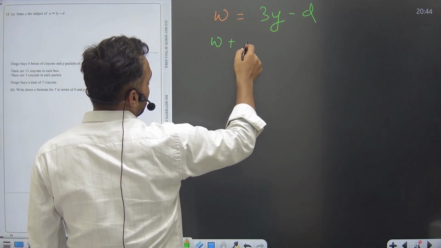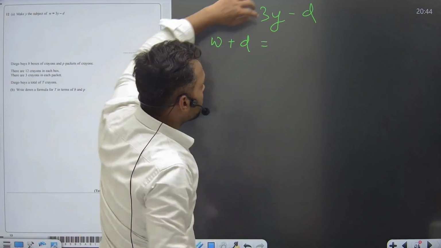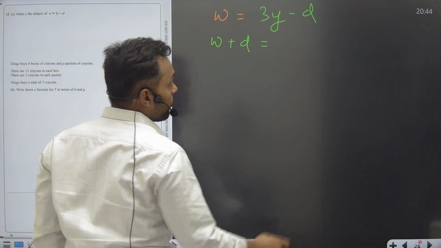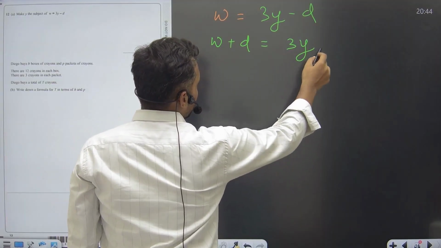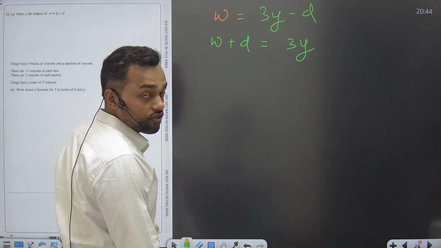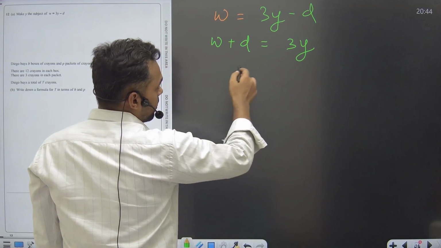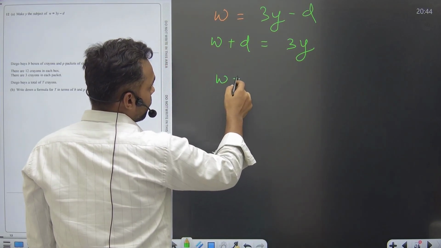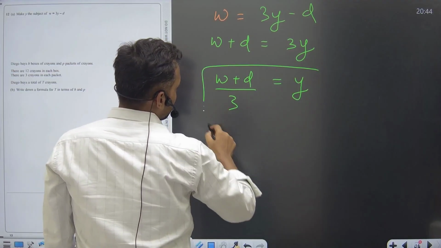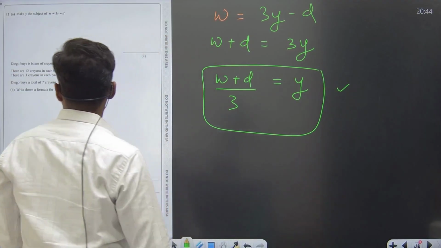So it will be w plus d, because the sign is negative and on transposing it becomes positive, is equal to 3y. Then we divide the whole equation by 3. So w plus d upon 3 is equal to y. This is how we make the subject.